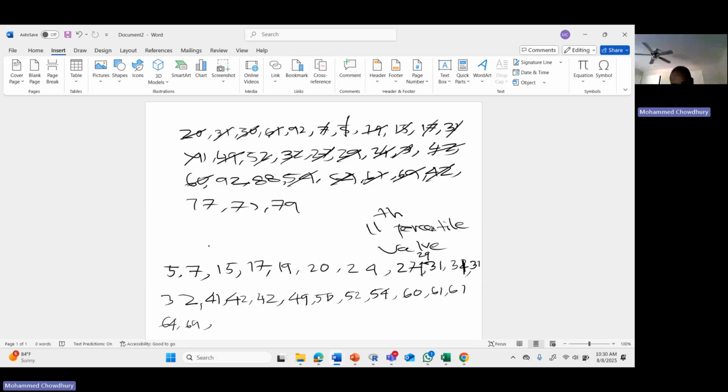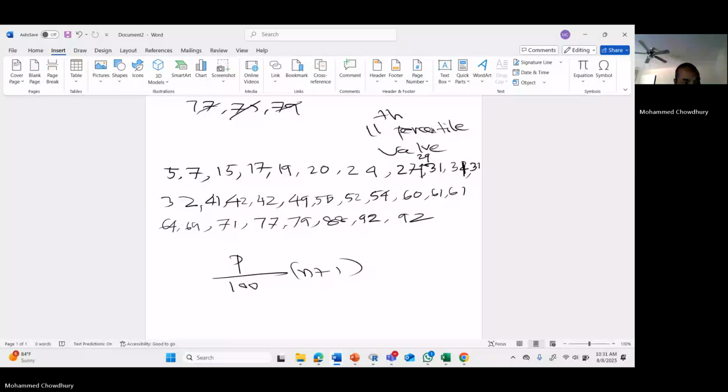Okay, so now let us find the value. 11 times 32 divided by 100 equals 3.52.